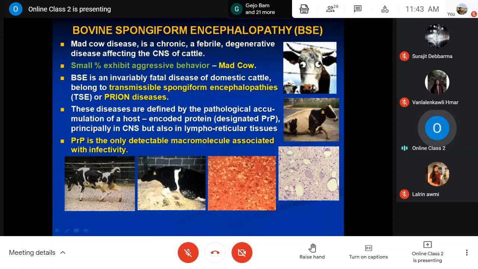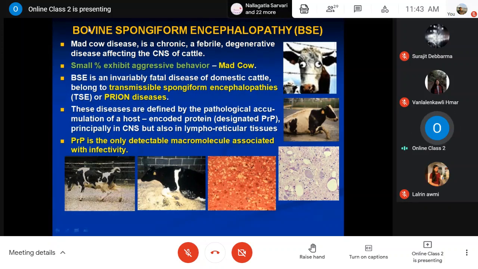And the brain shows many empty vacuoles, as I am showing here, oval or somewhat circular spaces where there is no stain and they are completely empty. So the brain tissue shows the presence of so many vacuoles, and the brain as a whole is grossly spongy in nature.